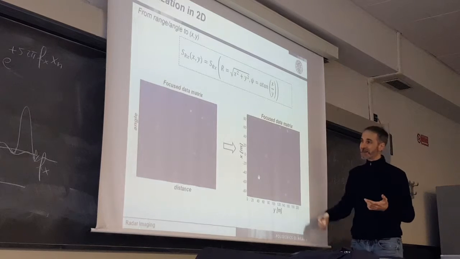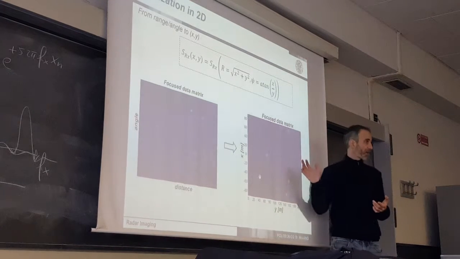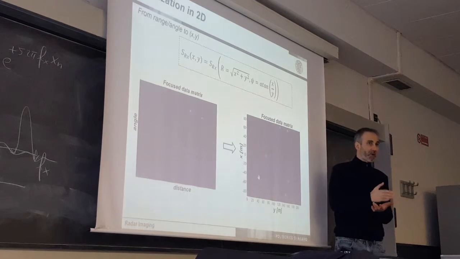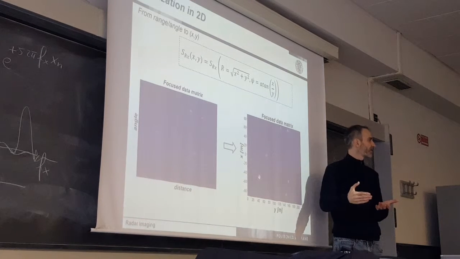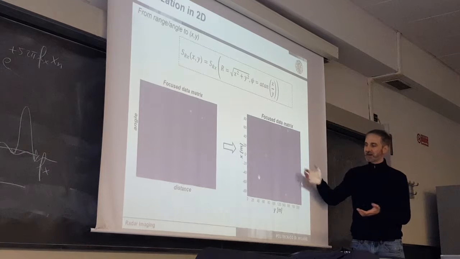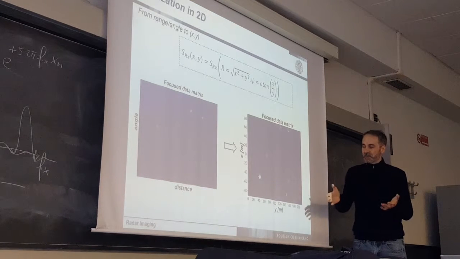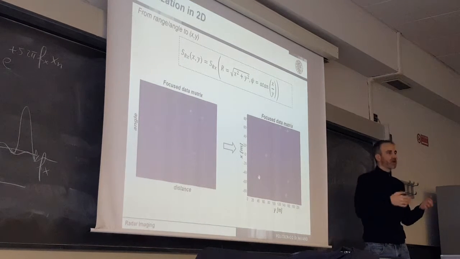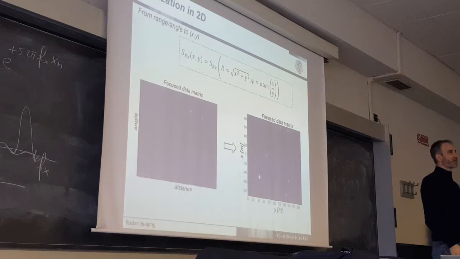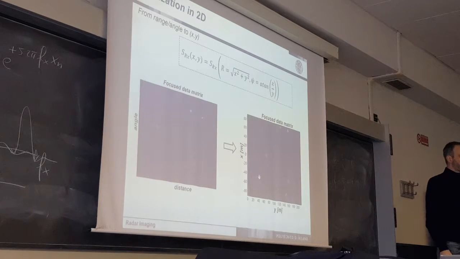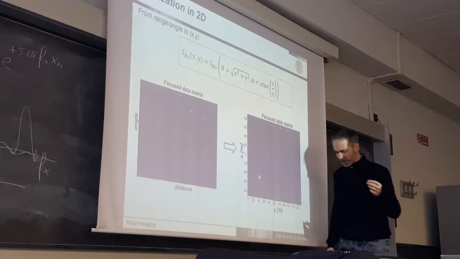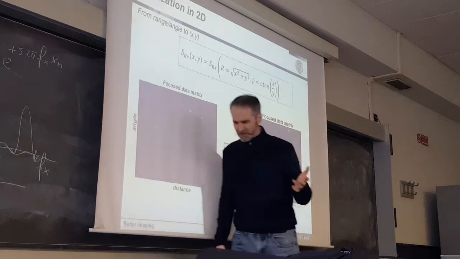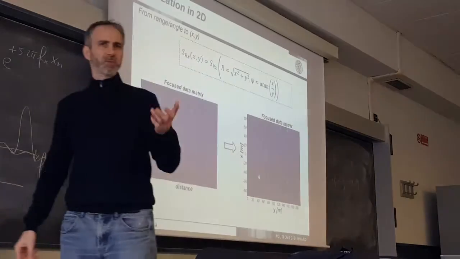And so you can say that your radar image is a map of the radar cross-section of the target. So what you see here is just the spatial distribution of the radar cross-section. So let's say if you take a photo, what you see is the spatial distribution of the radiance of each target, more or less.